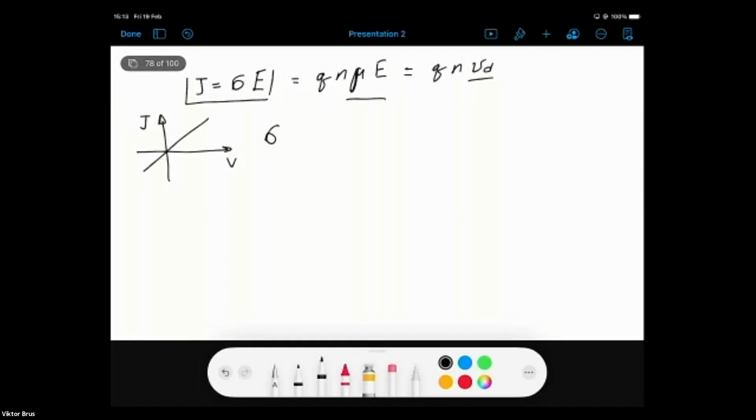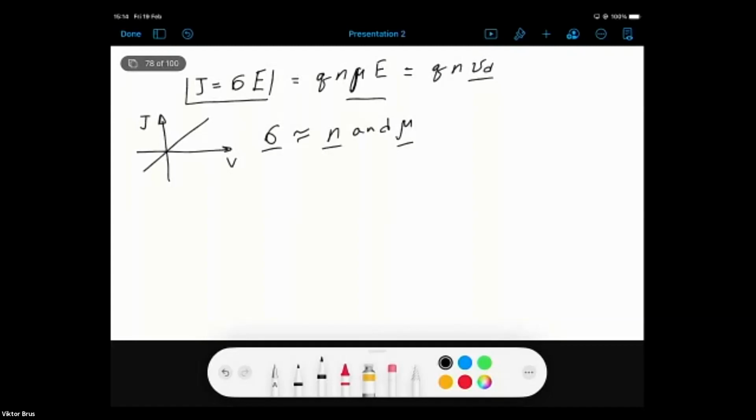However, sigma contains two parameters and is proportional to concentration of charge carriers and mobility of these charge carriers. And from one single measurement of current-voltage characteristic, we cannot determine these two unknown parameters. We can get only sigma, but we cannot say anything about concentration and mobility. Why?